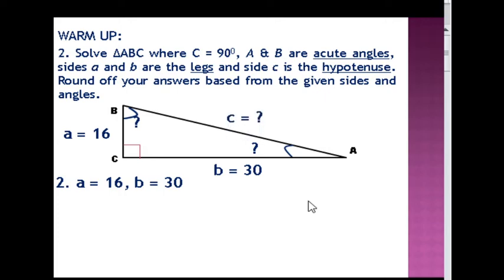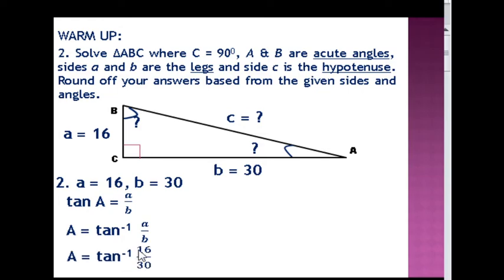Side c is unknown. Now, solving for angle A, we have tangent A is equal to a over b, or A is equal to tangent inverse of a over b. A is equal to tangent inverse of 16 over 30.